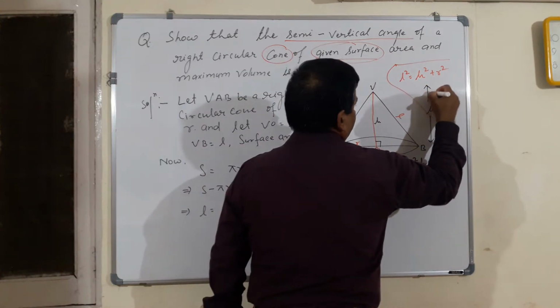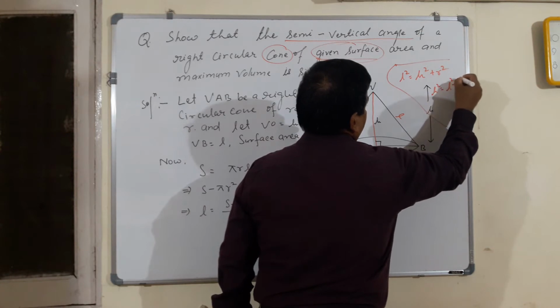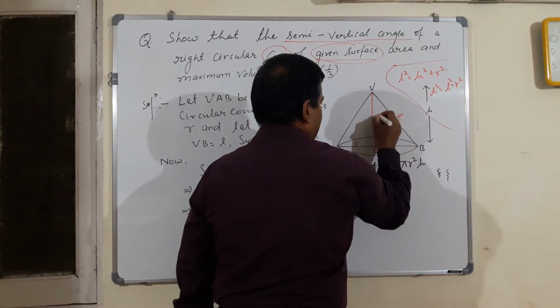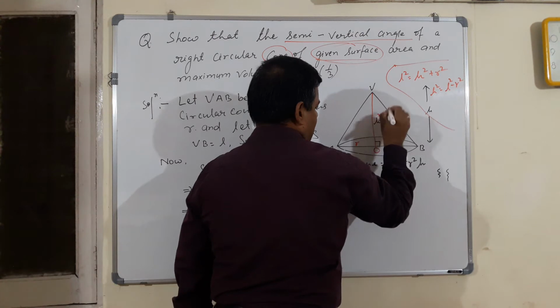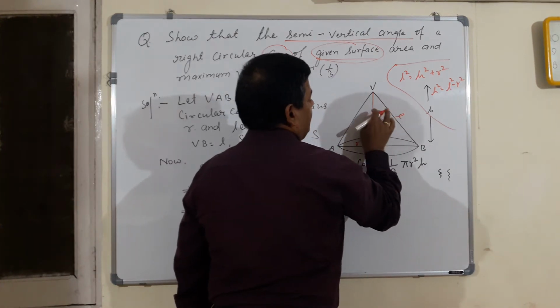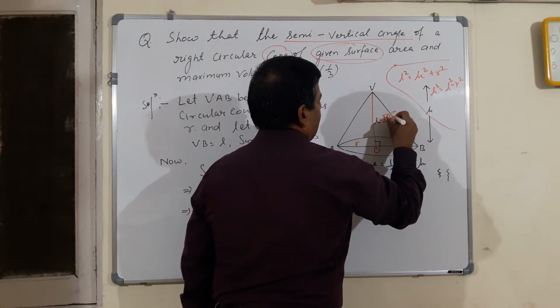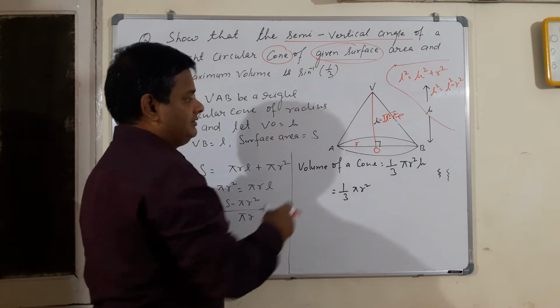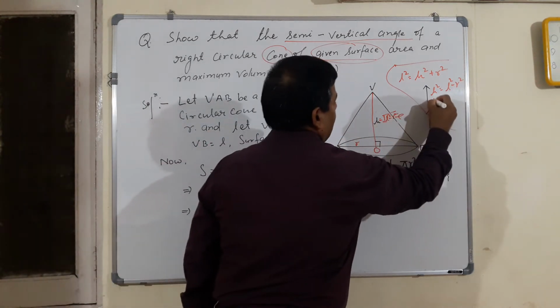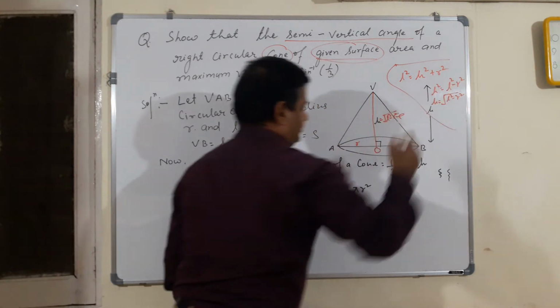So H square is equal to L square minus R square, so H is equal to square root of L square minus R square.